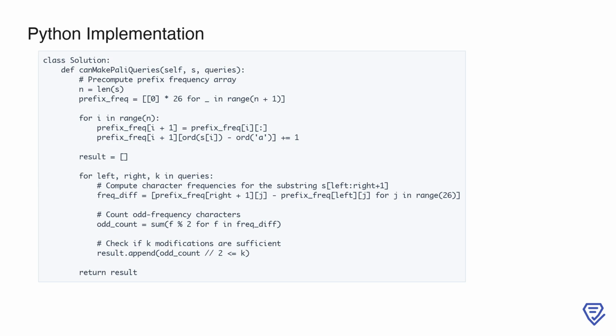If this value is less than or equal to k, the substring can be turned into a palindrome with at most k modifications. 5. Result storage. The result for each query is appended to the result list, which is returned at the end. This approach pre-processes the string in O(n) time and handles each query in O(26) constant time, making it highly efficient for multiple queries on the same string.